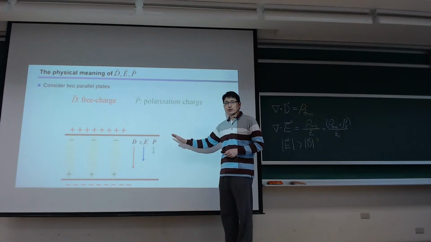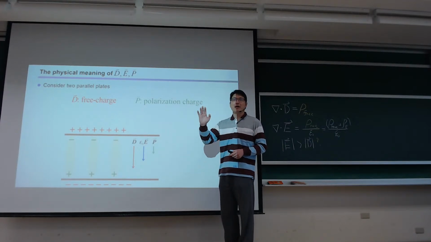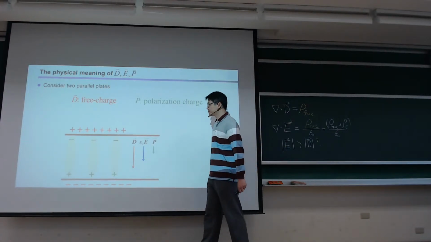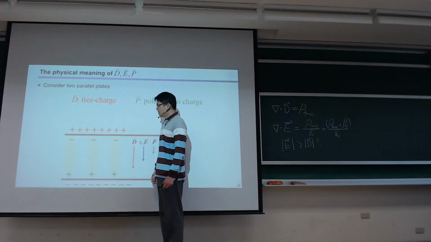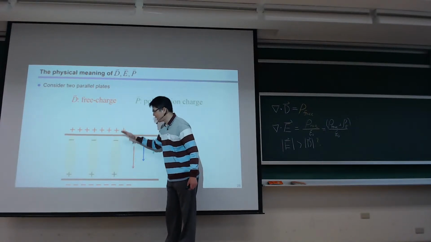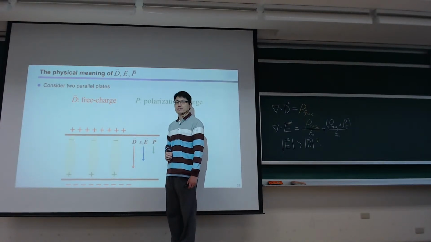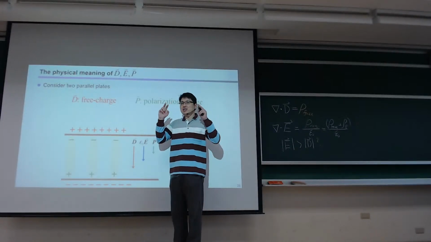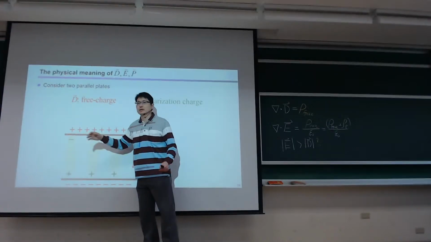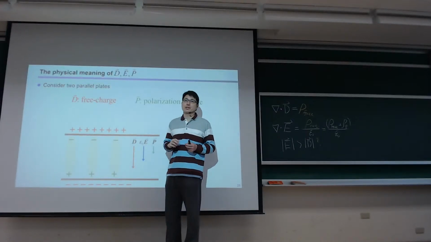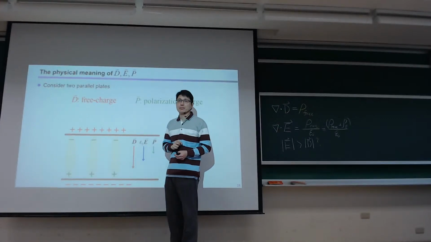Let's come back to the picture. Remember, as I talked over and over repeatedly, we have a given dielectric material within these black lines, and we apply external fields. You can imagine the externally applied field is the result of free charges, because in vacuum, to create field, you have to have free charges.